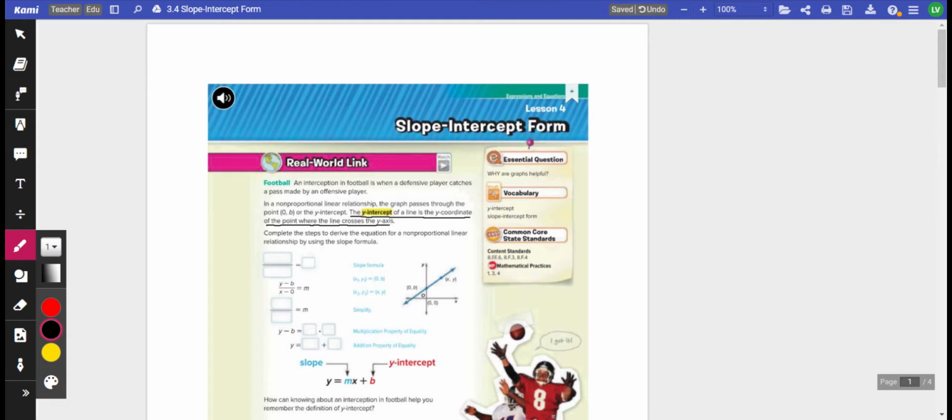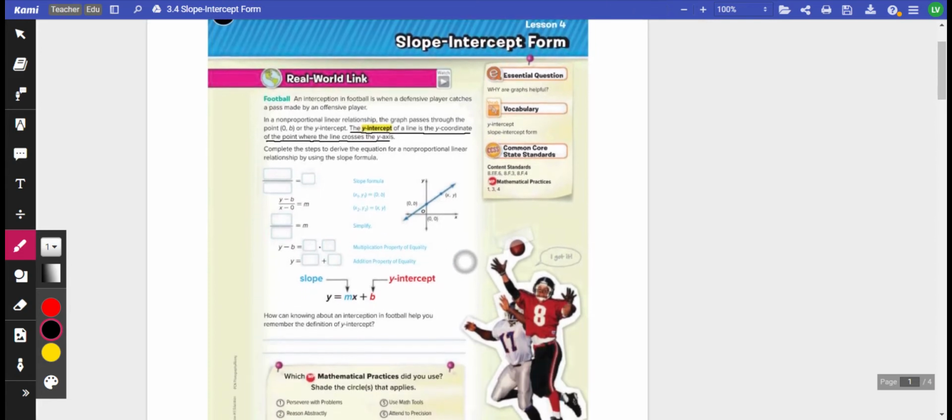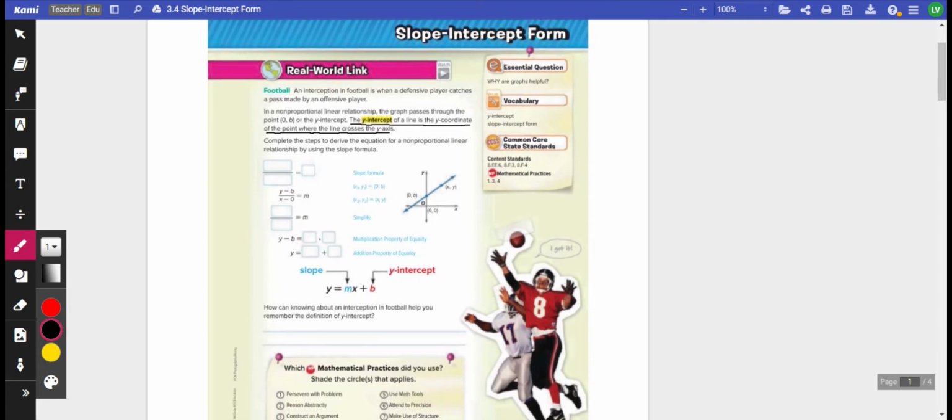Complete the steps to derive the equation for a non-proportional linear relationship by using the slope formula. When it says non-proportional linear relationship, that means that our line does not go through the origin (0, 0). So we are going to take the slope formula of y2 minus y1 divided by x2 minus x1.